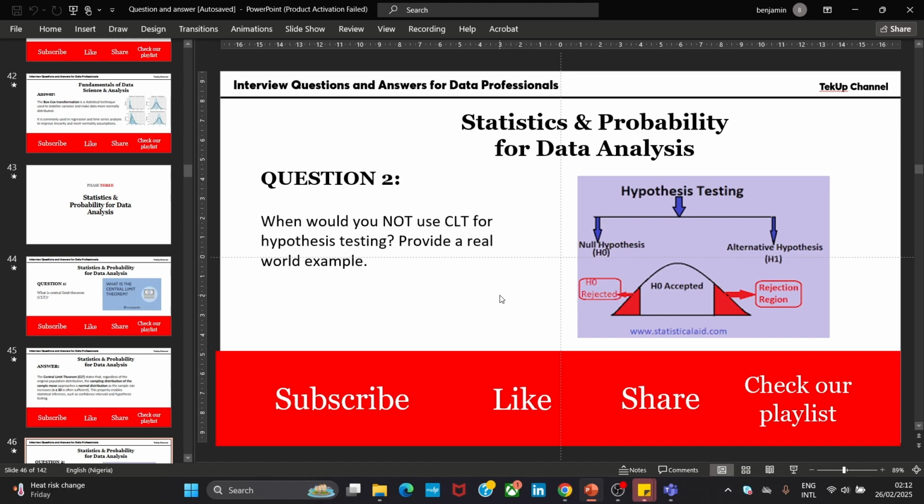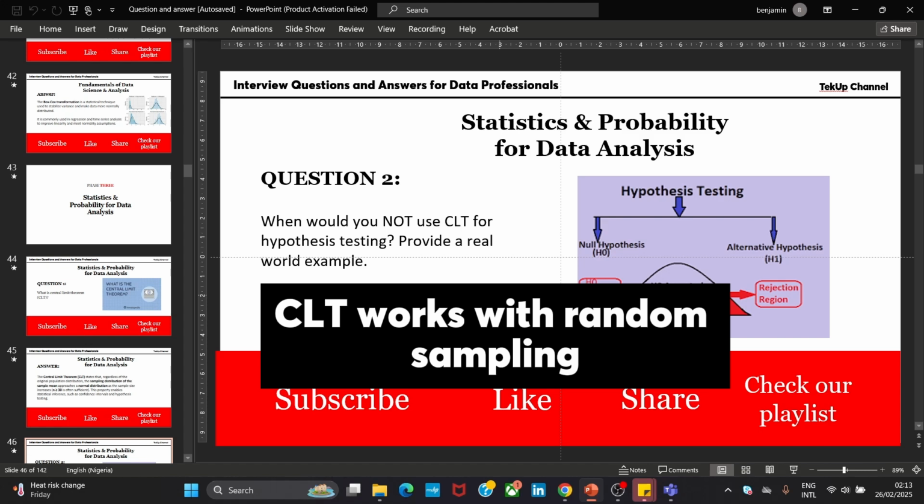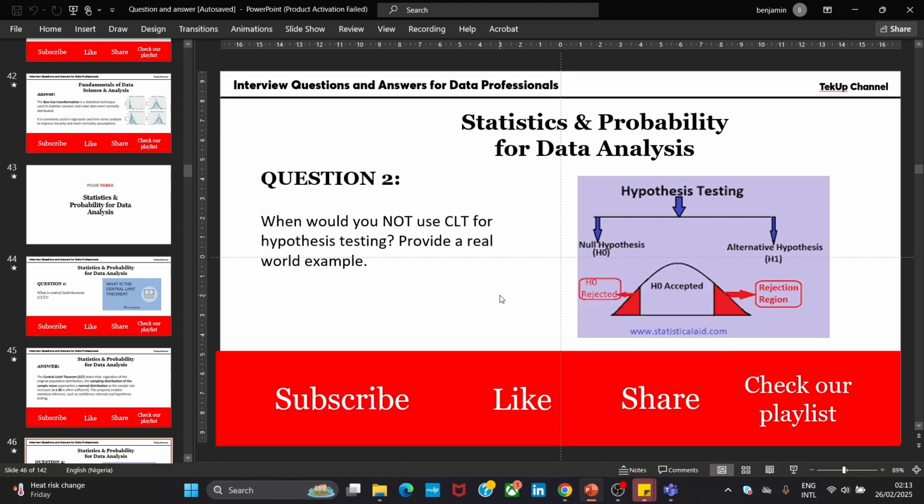So now the question says, when will you not use CLT for hypothesis testing? One thing you need to understand is that CLT works with random sampling.